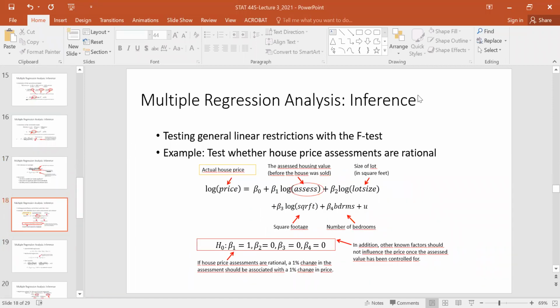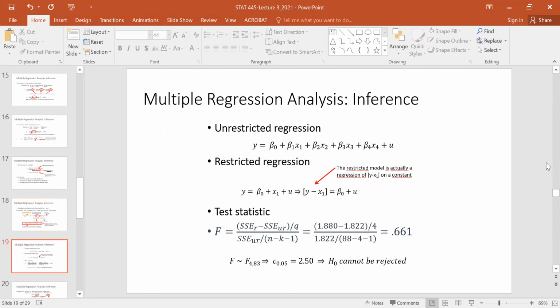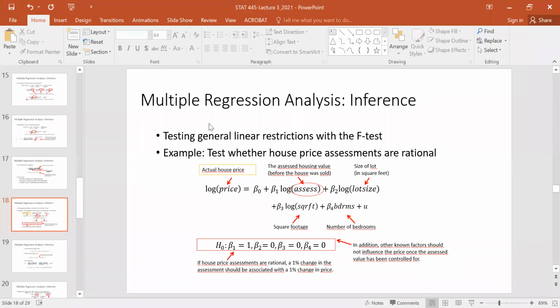Okay, let's try another test inference. Over here, it's just a practice. So the regression has been given over here.